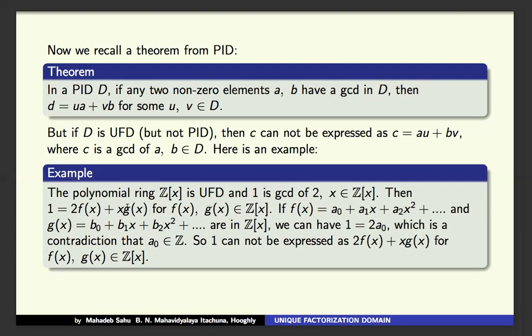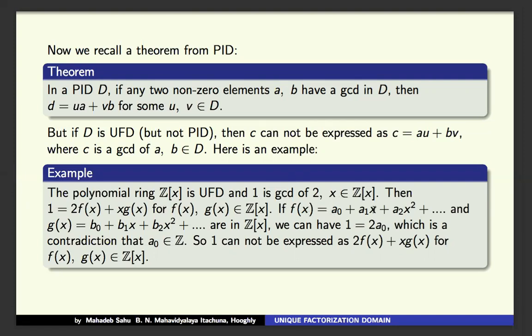Here is an example. Polynomials in Z[x] form a UFD, and 1 is the GCD of 2 and x. If 1 is the GCD of 2 and x, then we can write 1 as 2f(x) plus x g(x), where f(x), g(x) belong to Z[x].